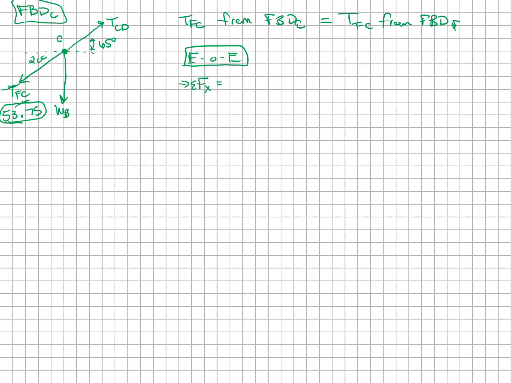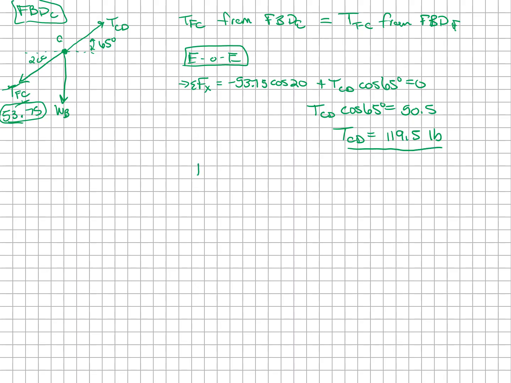So TFC there is negative 53.75 times the cosine of 20, so that's the component of TFC, plus TCD times cosine of 65 degrees is equal to 0. So the only unknown we have here is TCD. We can just go ahead and solve for that. So TCD cosine of 65 is equal to the scalar of 53.75 times cosine 20. So 50.5, and then TCD is equal to 119.5 pounds.